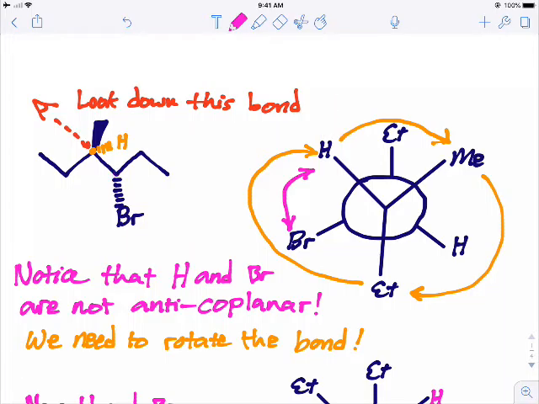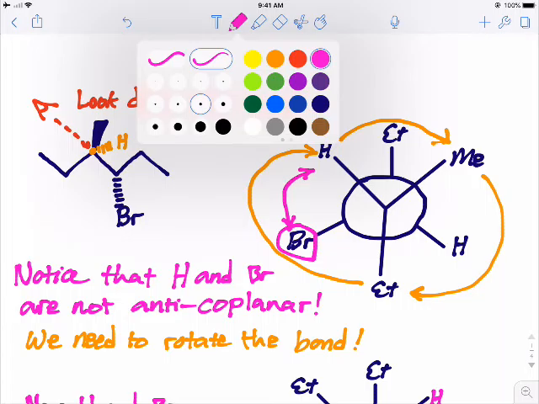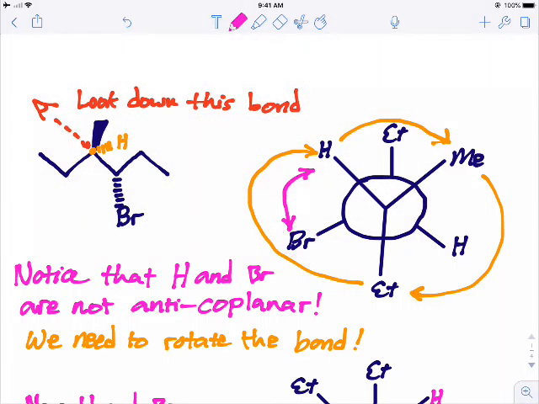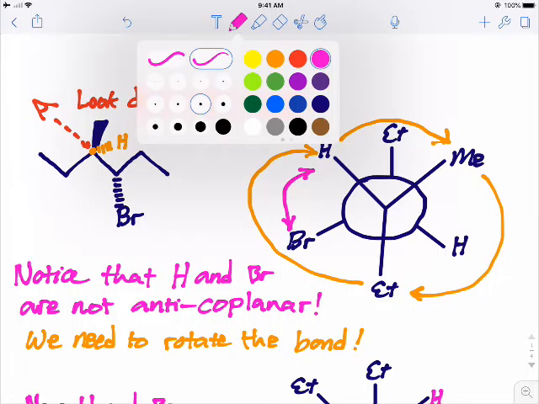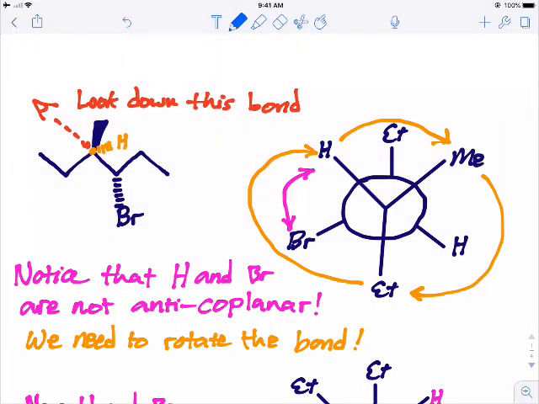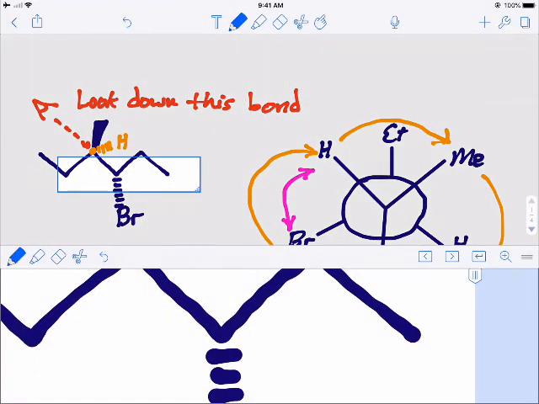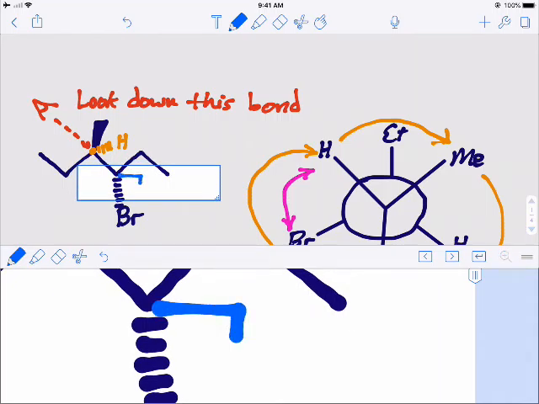What would we see on the back carbon? Well, on the back carbon, we have a bromine that's a dash. So it's going into the board. So on our back carbon, we see something that's going down and to our left. So that's this bromine right here. We would see another hydrogen, which I haven't drawn in there. That hydrogen would look like this. It would be wedged right there.